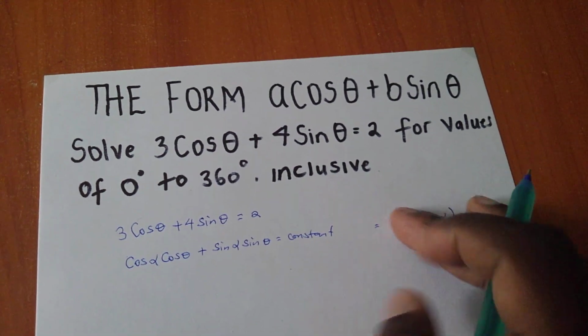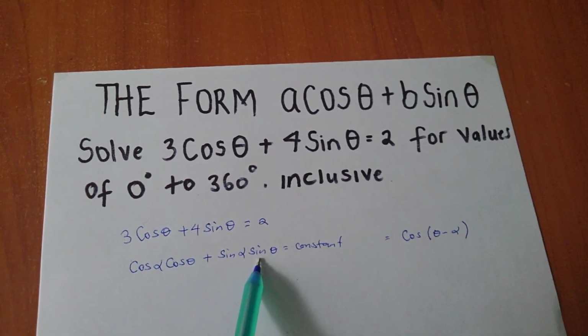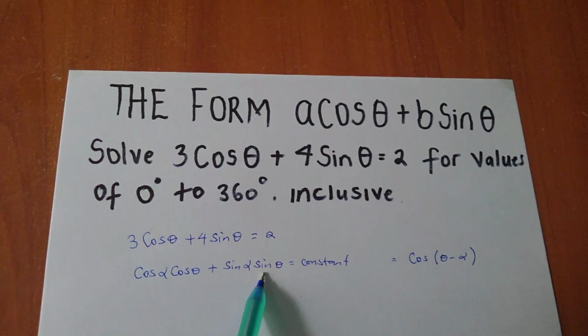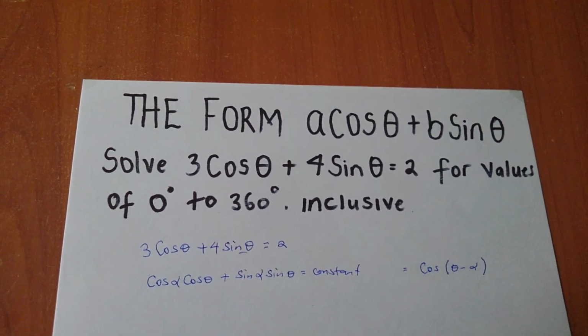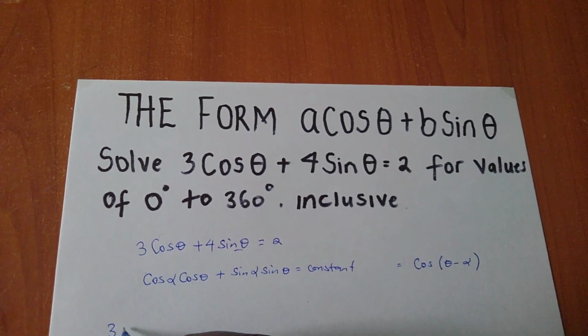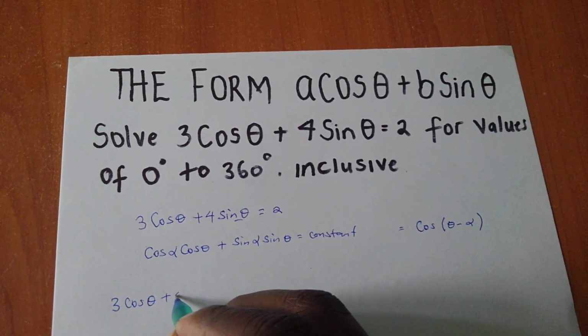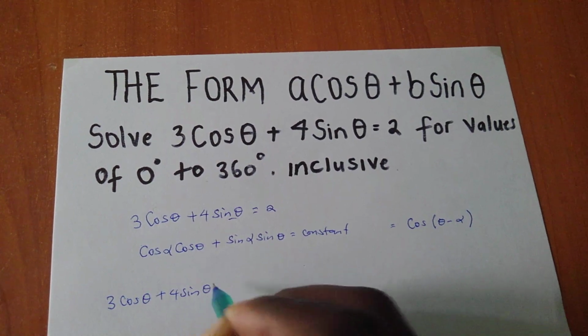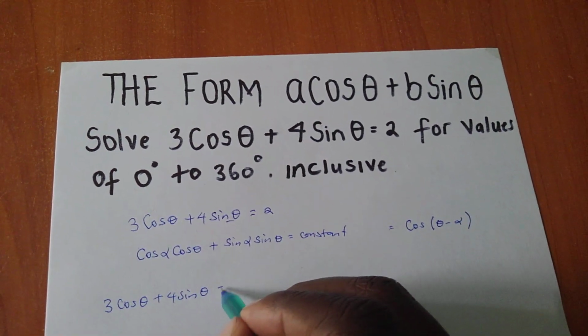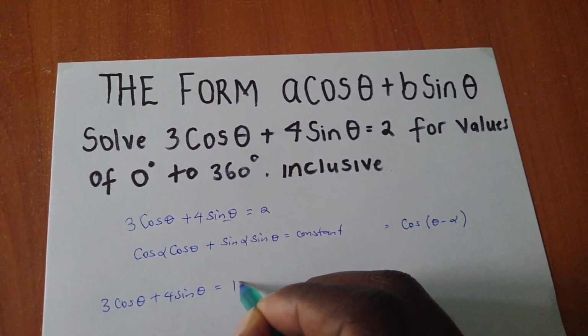If I expand this, I'll be able to get this, so I don't want you to get confused. So I'm going to compare with the original one. I'm going to say 3 cos θ plus 4 sin θ, I hope we are together, is equal to a certain constant.